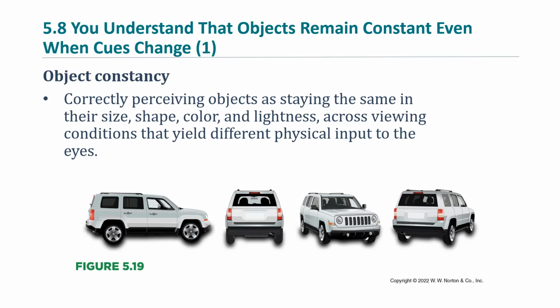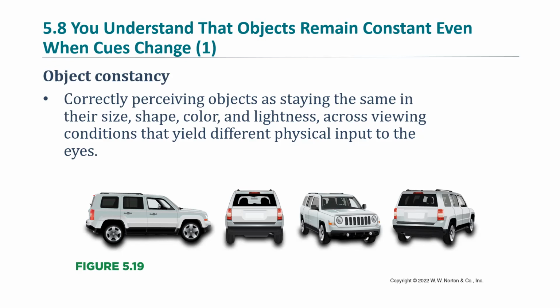Anyway, as far as something like, I'll just deal with this last one first. There's color and lightness constancy. Under different viewing conditions, the shirt I'm wearing now, for instance, will look like a different color.